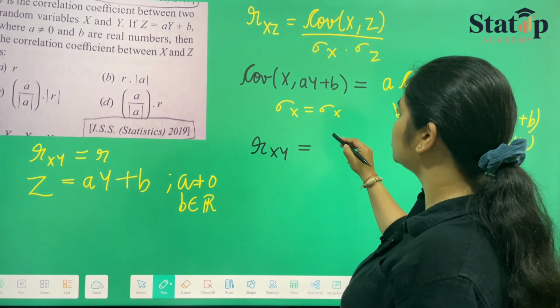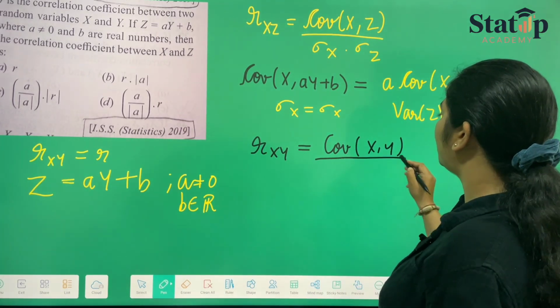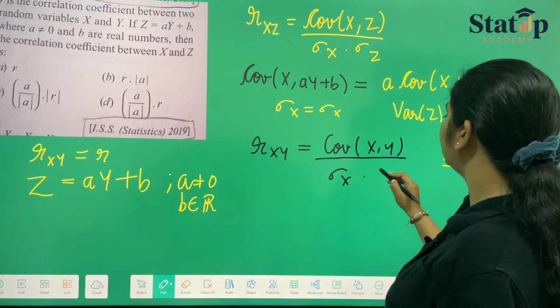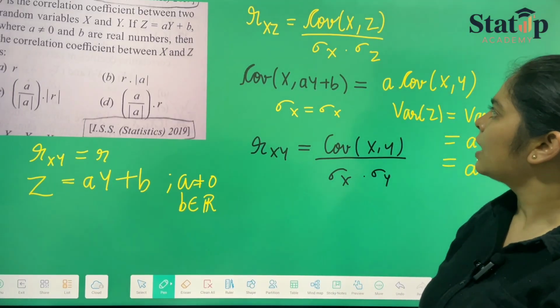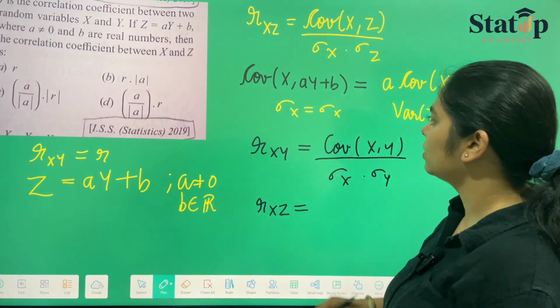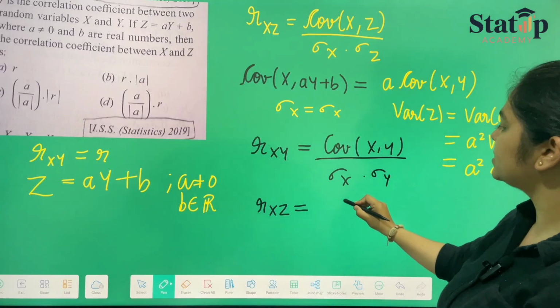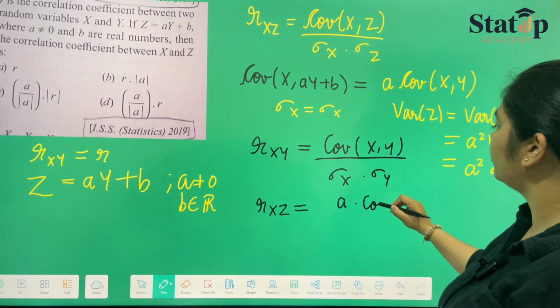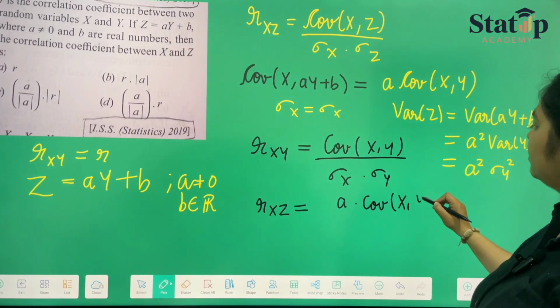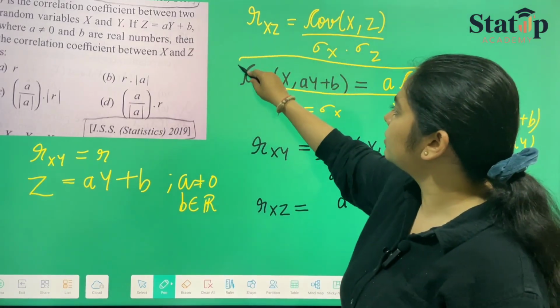Now R XY is equal to covariance between X and Y upon sigma X into sigma Y, and R XZ is equal to covariance of X and Z. Covariance of X and Z can be written as A into covariance between X and Y. This we have denoted here from this statement.